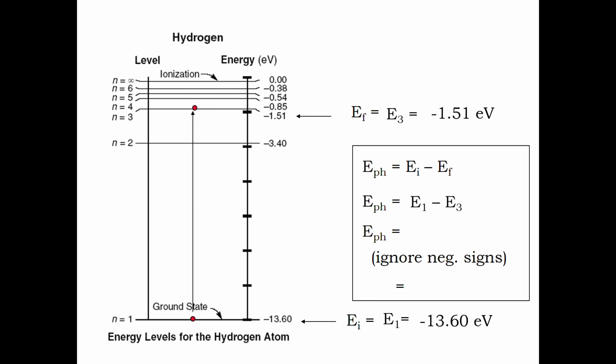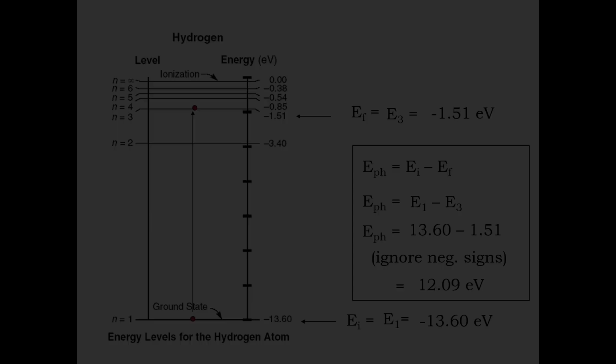We're going to take E1 minus E3. You can ignore the negative signs for this, and you get 12.09. That is how much energy has to be absorbed for it to jump from the ground state to the third, and only that amount of energy. If it was 12.1 or 12.08, it will not jump. It has to be exactly that amount of energy.